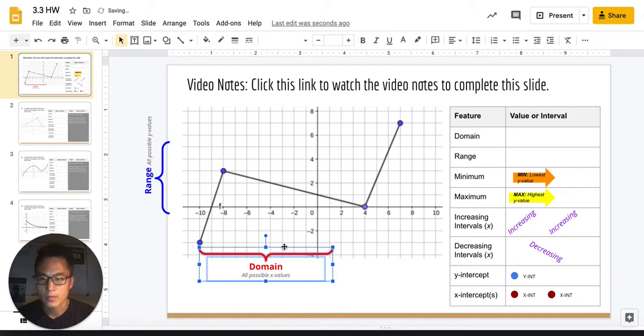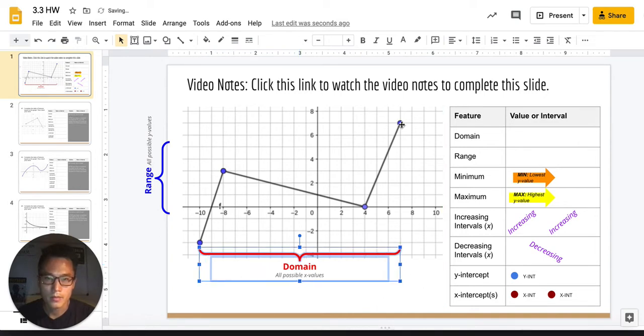So if we go furthest to the left, we'll get to this point here on the left, and then furthest to the right that this graph goes would be right about there, this point right here. And we want to look at the x value, so let's just look at the x-axis. So the furthest to the left is -10 on the x-axis, and the furthest to the right that this function goes along the x-axis is 7.